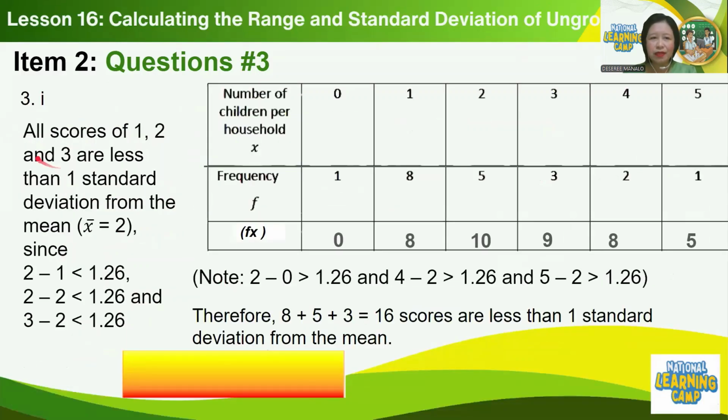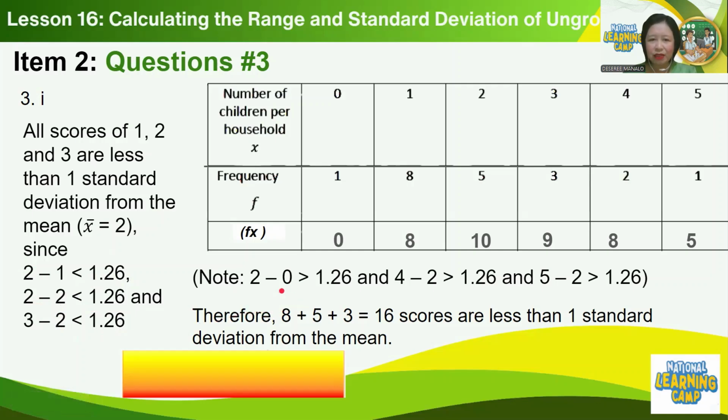All scores of 1, 2, and 3 are less than 1 standard deviation from the mean, which is 2. Since 2 minus 1 is less than 1.26, 2 minus 2 is less than 1.26, and 3 minus 2 is less than 1.26.